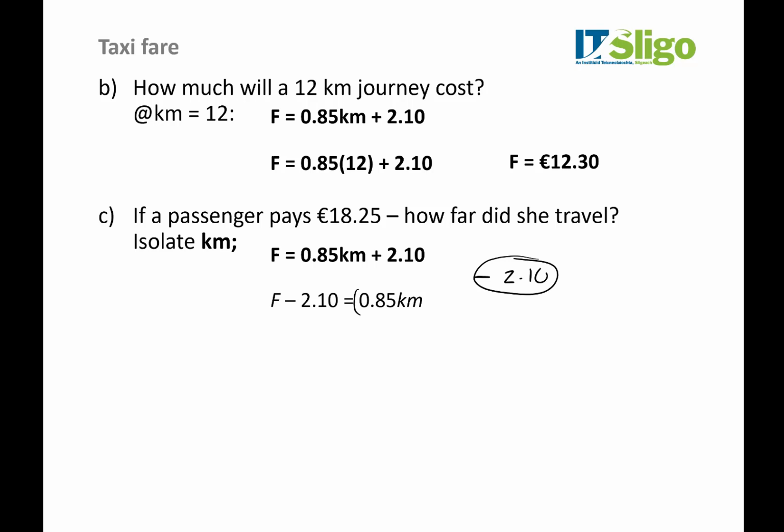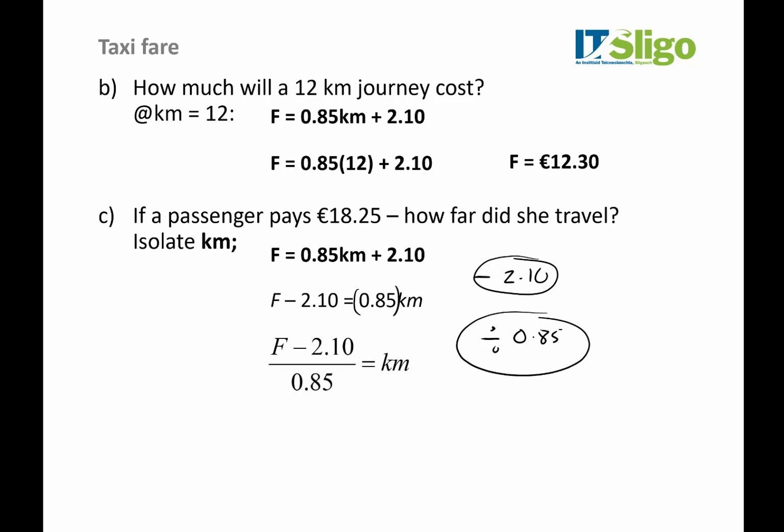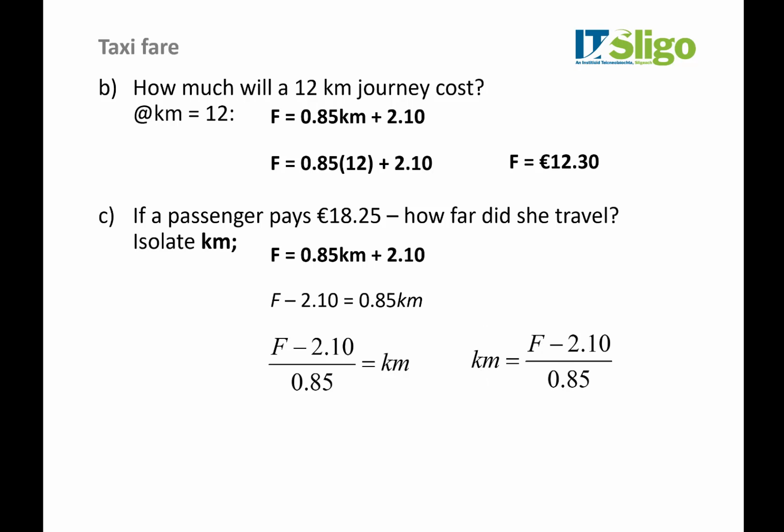And then, guys, we want to get rid of the 0.85 because we want km on its own. It's joined on by multiplication, so we divide both sides by 0.85. Just to be neat, I've written out kilometers on the left to be correct. You don't need to do that in this case because we're working through to a solution, but I just want to show you the right way to do things all the time.